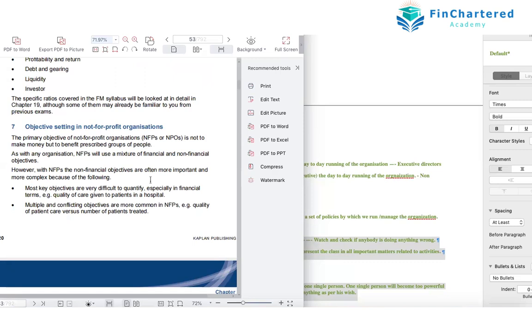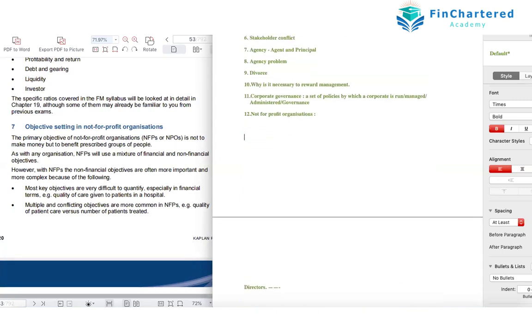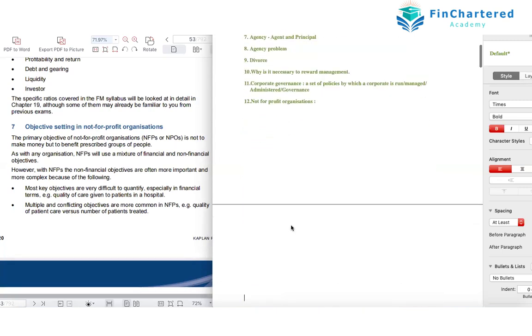Okay. Objective setting in not-for-profit organizations. Guys, first of all, what are not-for-profit organizations? As the name suggests... Here in Chennai, Aisha, Harshika, do you know there was a restaurant called Dialogue in the Dark in Express Avenue?